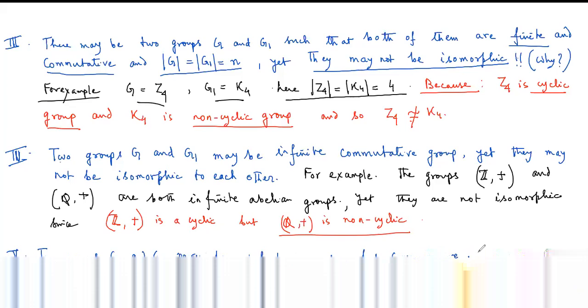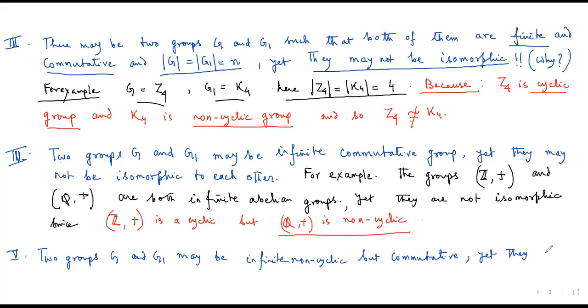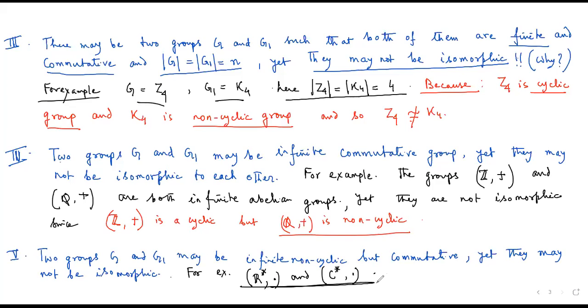Okay, yet they may not be isomorphic. Why? For example, if I consider the groups R star and C star, they are both infinite and commutative groups, and both of them are not cyclic groups, yet they are not isomorphic.